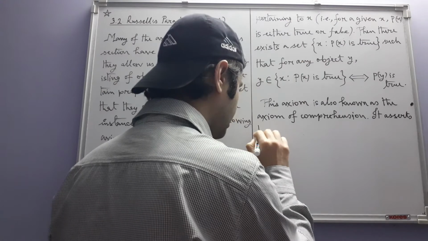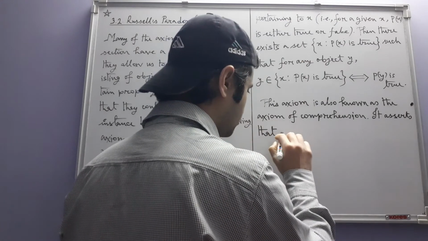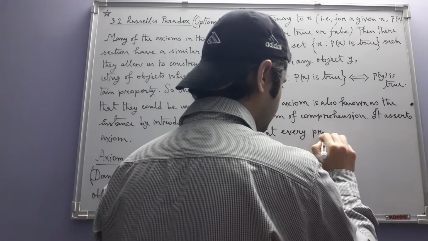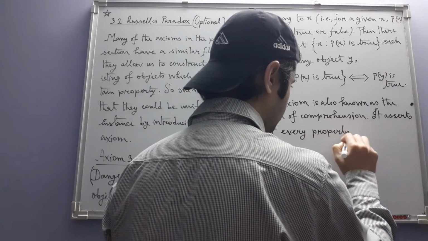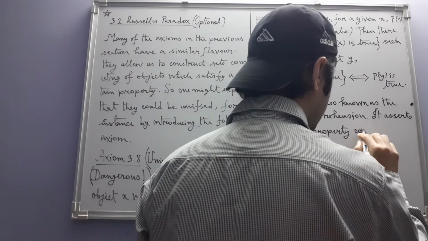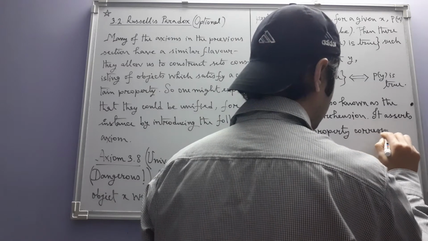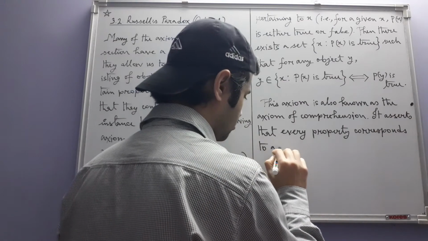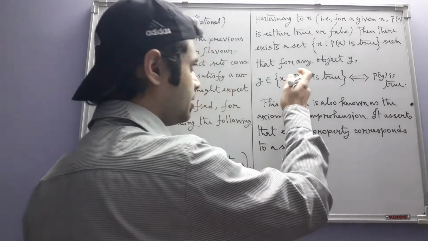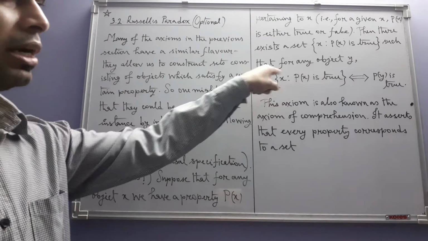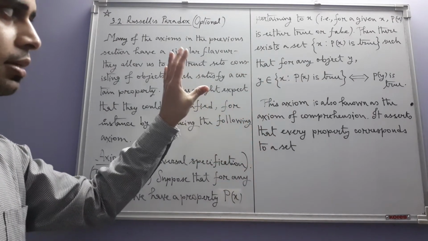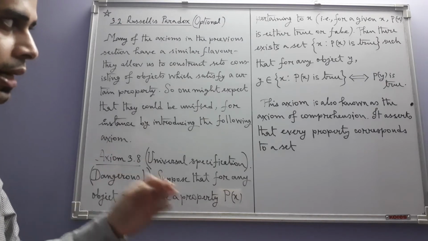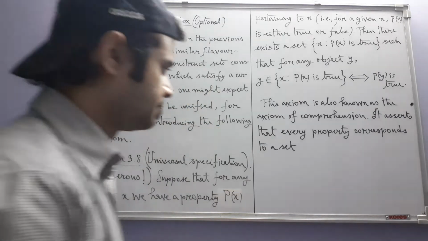It asserts that every property corresponds to a set. Like we have this property P(x), it will define a set. It is the set of those objects, whatever the objects may be, that satisfy this property.